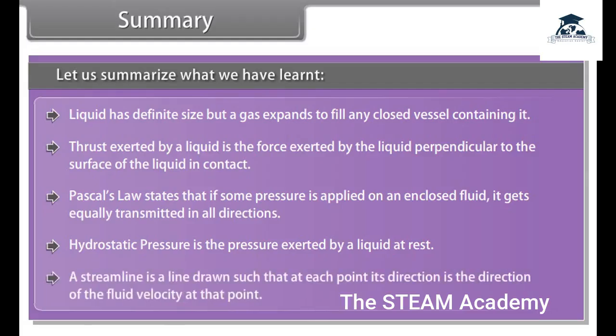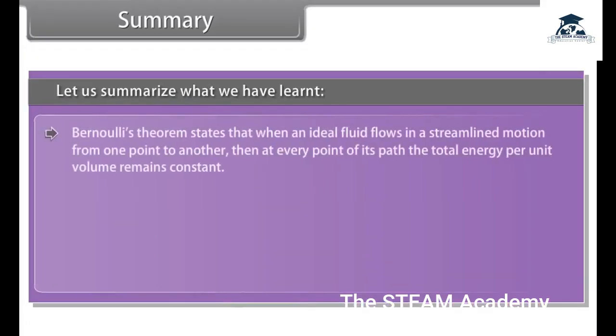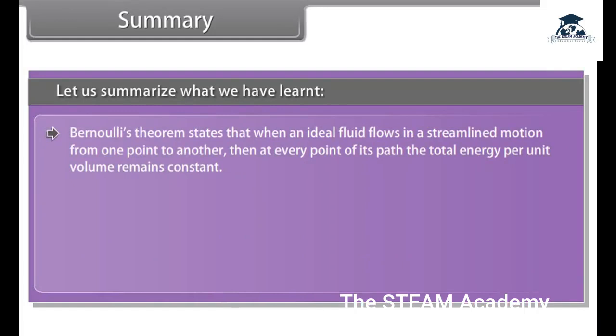A streamline is a line drawn such that at each point its direction is the direction of the fluid velocity at that point. Bernoulli's theorem states that when an ideal fluid flows in a streamlined motion from one point to another, then at every point of its path the total energy per unit volume remains constant.